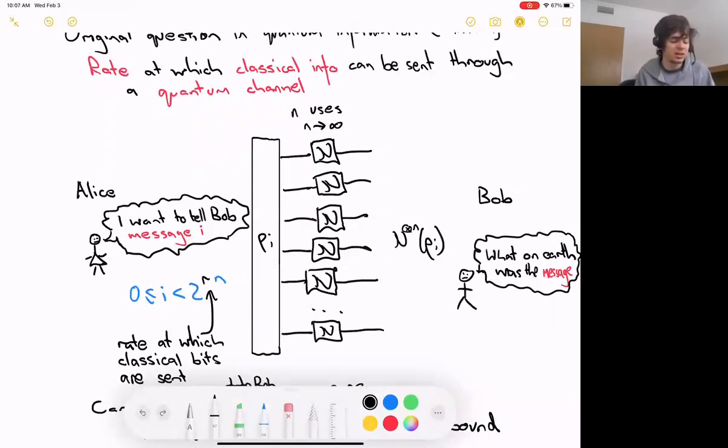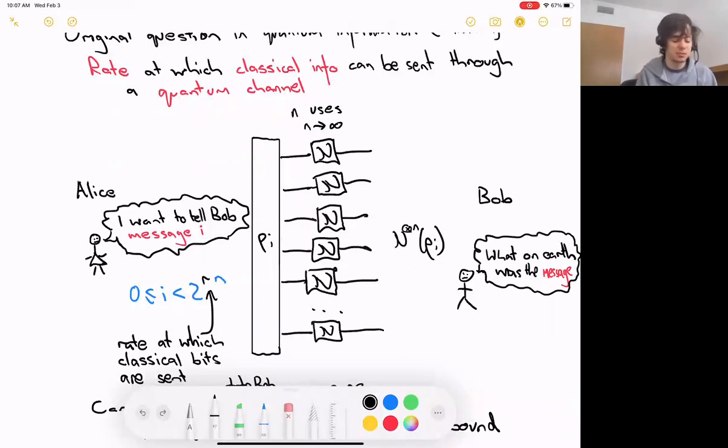Well, all she can do is input some density matrix, rho_I, to all these n uses of the channel, where that input density matrix obviously depends on I. She sends a different code word state depending on which message she wants to get to Bob.